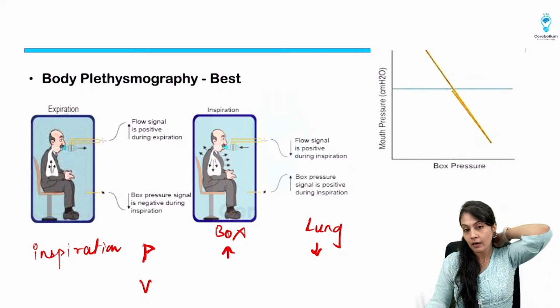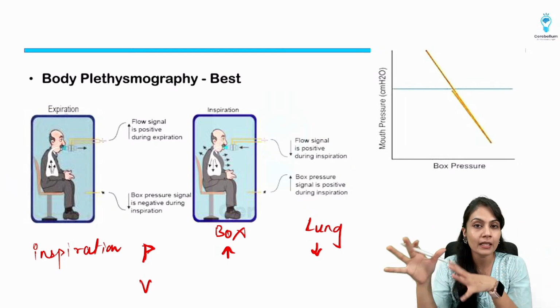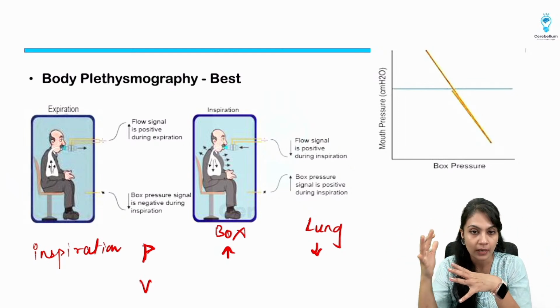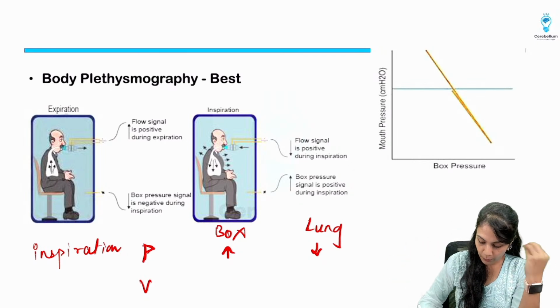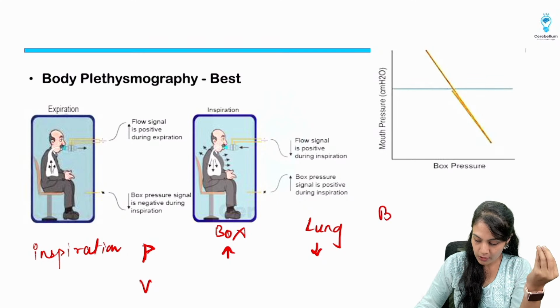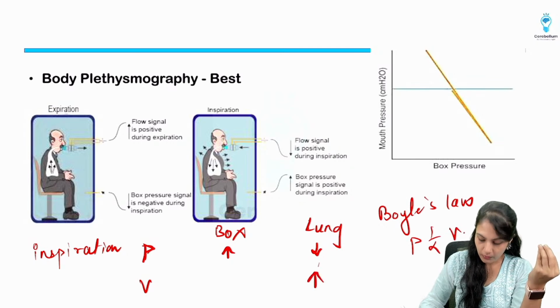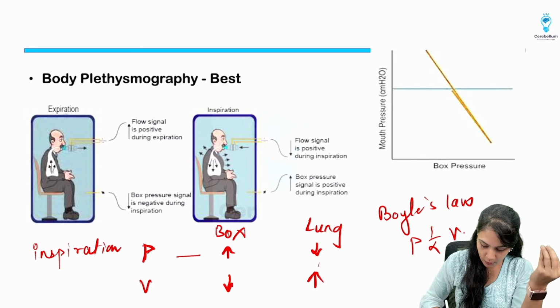Because the system is maintaining the pressure constant in both, so ultimately it is going to be constant, and the opposite is going to happen, applying Boyle's law. The volume is going to increase over here, and conversely, the volume is going to decrease.